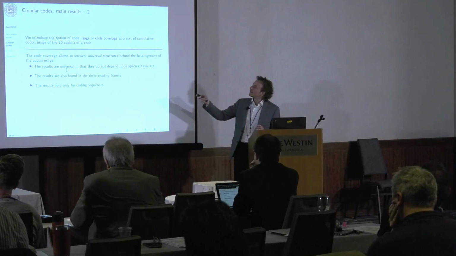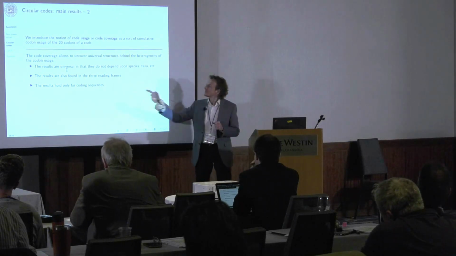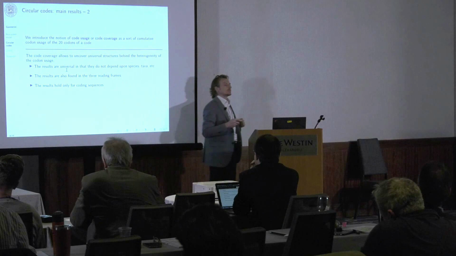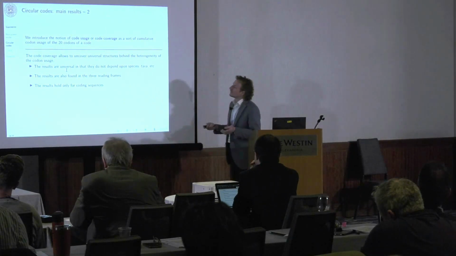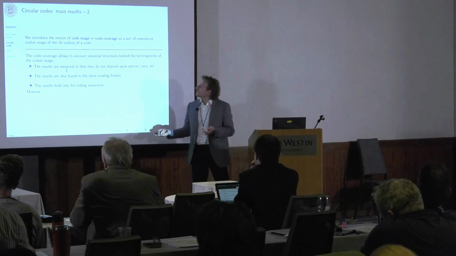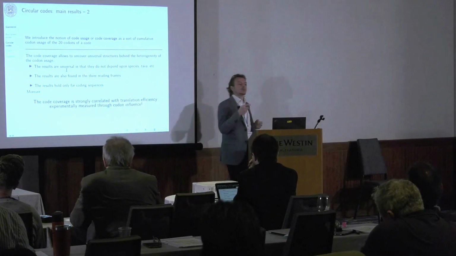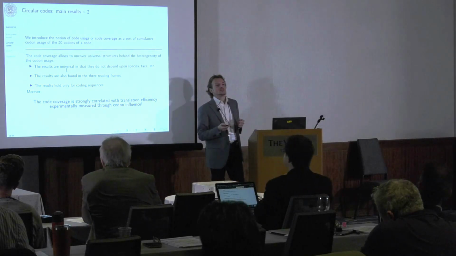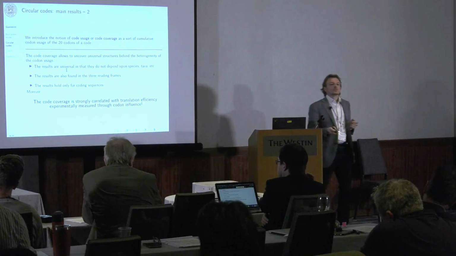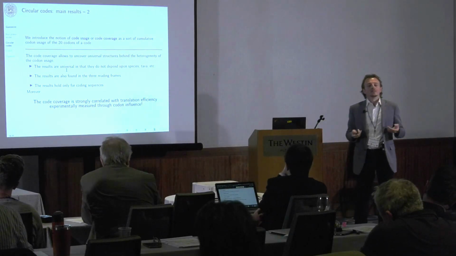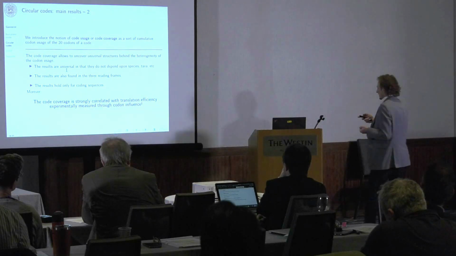Moreover, they are found in the three frames. They hold just for coding sequences and not in introns. But most importantly, and this is a working paper under revision, the code coverage is strongly correlated with translation efficiency, which is experimentally measured. So we were able to establish a connection between the theorem and experimental evidence.